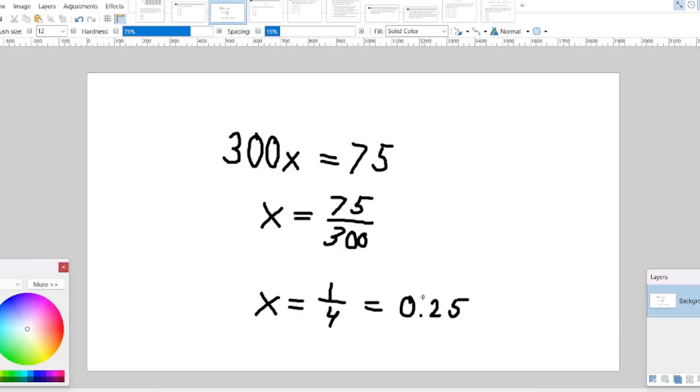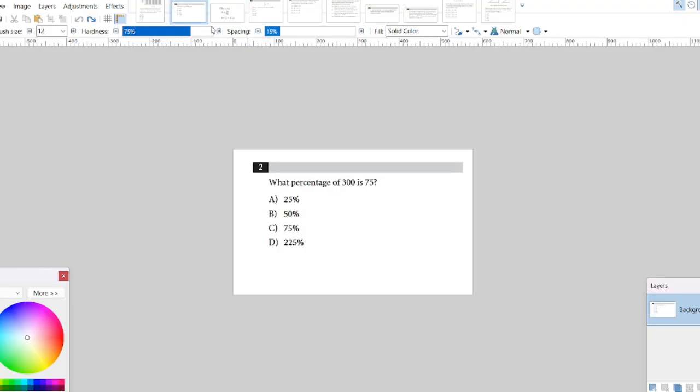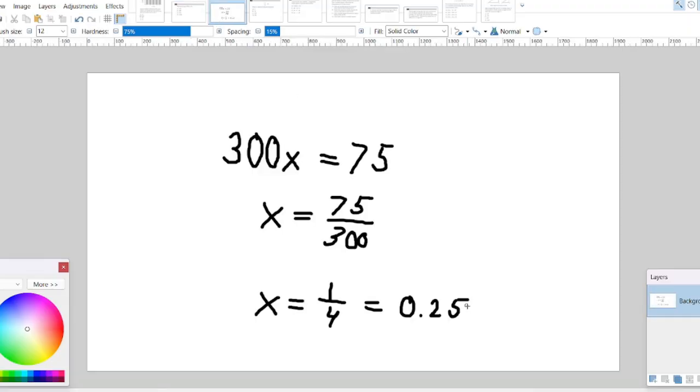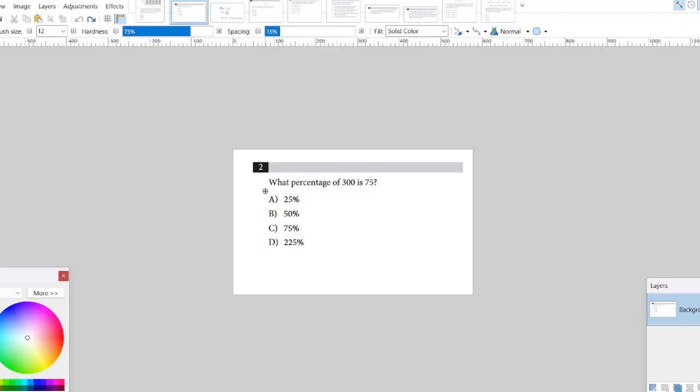Now, this is the number equivalent that we're looking for, so if we want it in the format of a percentage, then all we do is throw a percentage sign at the end and multiply this end result by 100. So we get 25%. Because when you multiply 100% by 0.25, you get 25%. So the answer here is 25%, which is choice A.